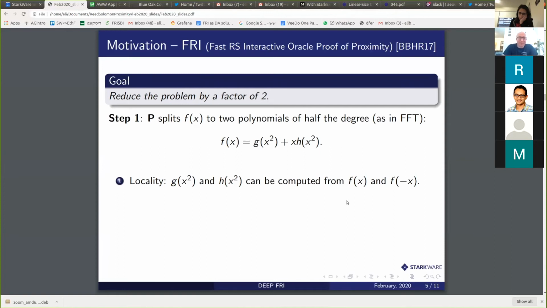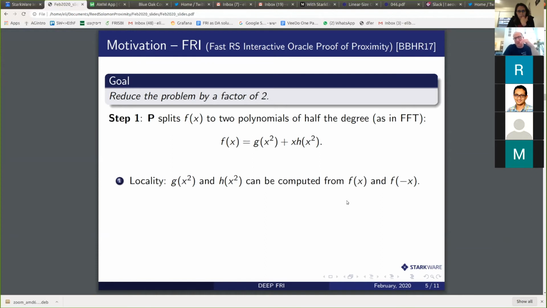And the way to see it is that you can think of it the other way around, right? Because x squared equals minus x squared, if you know g of x squared and h of x squared, and you use plus x or minus x, you can get from that f of x is g of x squared plus x times h of x squared, and f of minus x is g of x squared minus x times h of x squared.